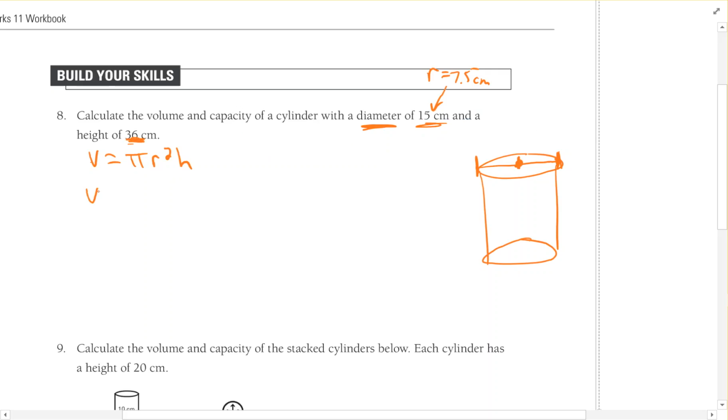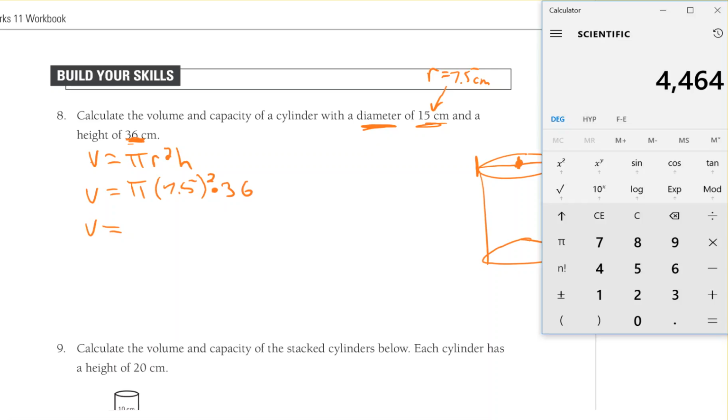So I'm just going to plug it in. V equals pi times 7.5, and don't forget to square it, and then times the height, so times 36. I'll put a little dot there to show times.